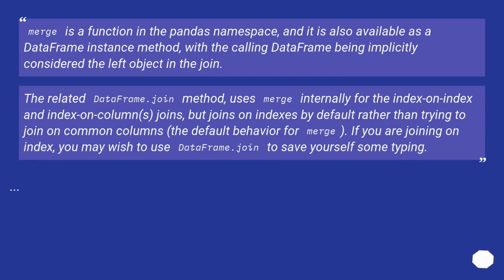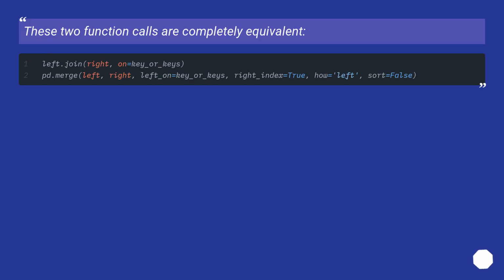The related DataFrame.join method uses merge internally for the index-on-index and index-on-columns joins, but joins on indexes by default rather than trying to join on common columns, the default behavior for merge. If you are joining on index, you may wish to use DataFrame.join to save yourself some typing. These two function calls are completely equivalent.